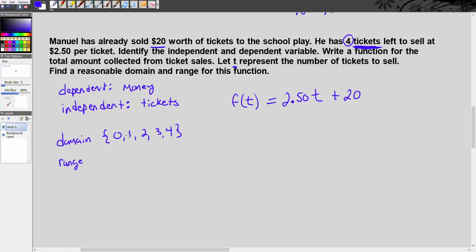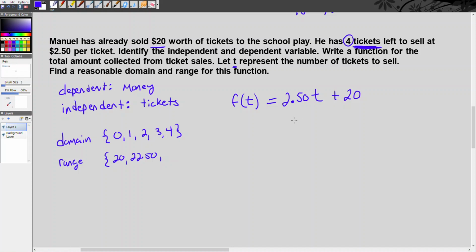So if he sells 0 more tickets, you know that 2.50 times 0 is 0, right? So that becomes 0 plus 20. That means he's going to have $20. Well, what if he sells 1 ticket? Well, that's going to be the $20 he has plus $2.50, right? So 20 plus 2.50, that's going to be $22.50.